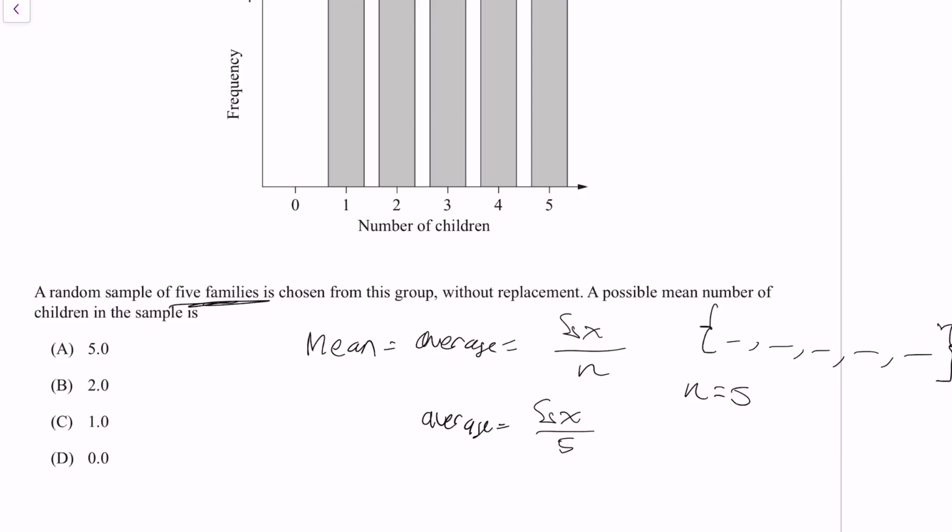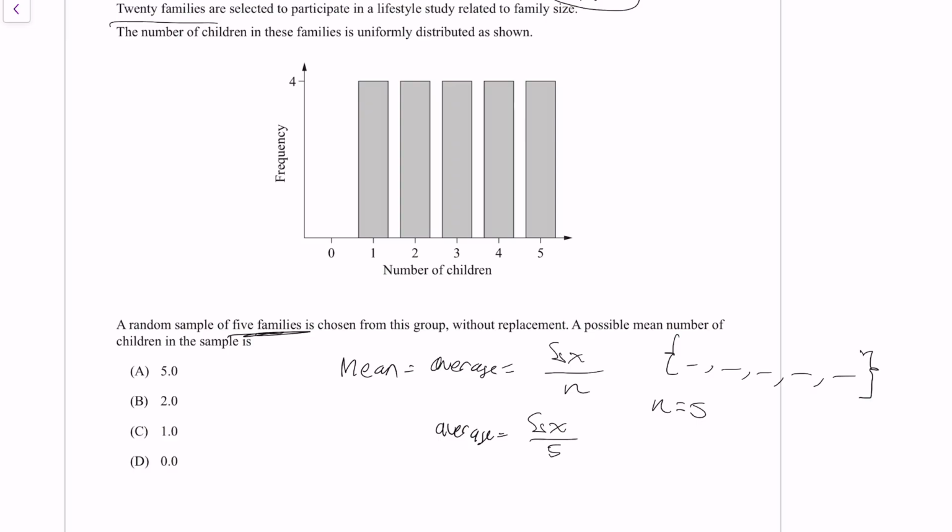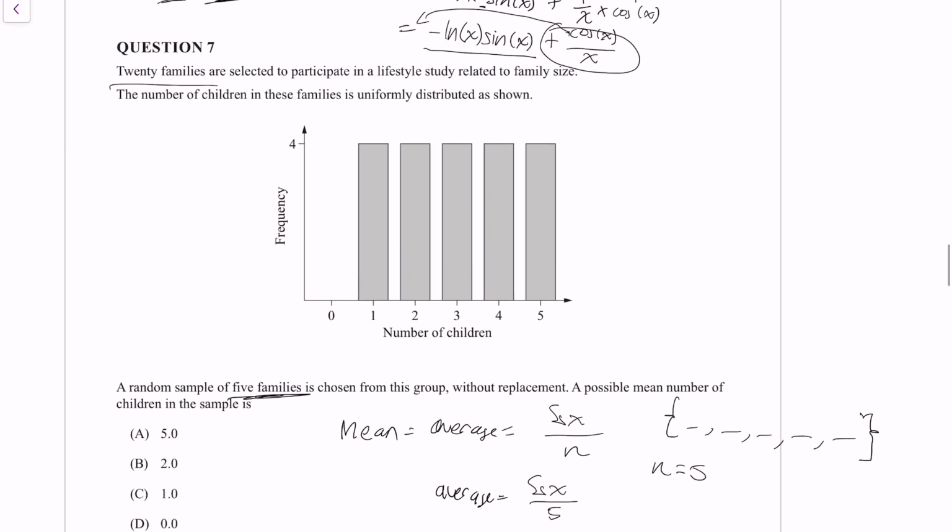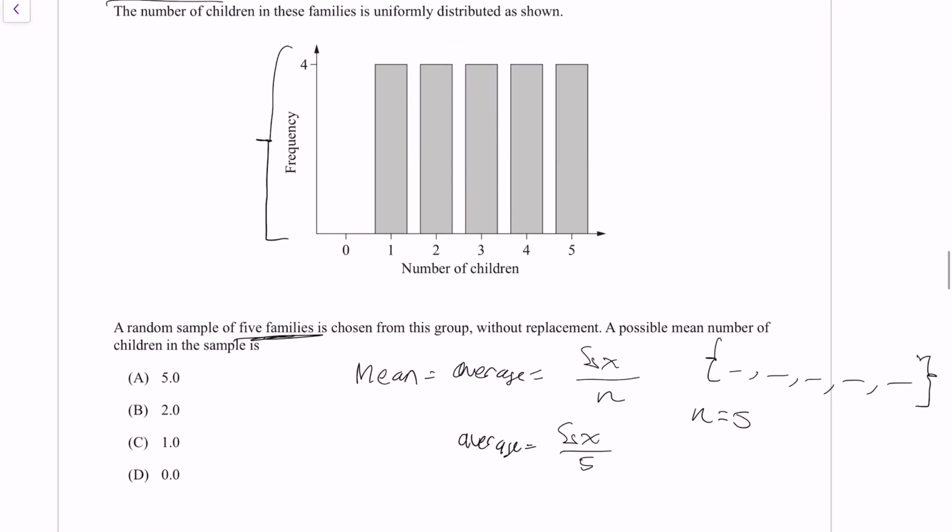And then from here, just think about how the sum of all the numbers has to be coming from the frequency on the y-axis, okay? So let's try and think about process of elimination here.